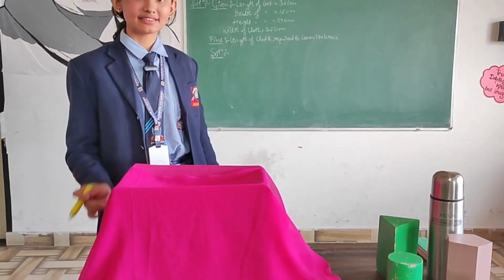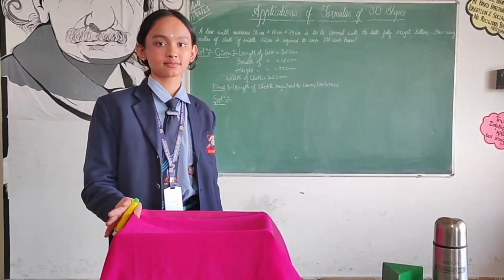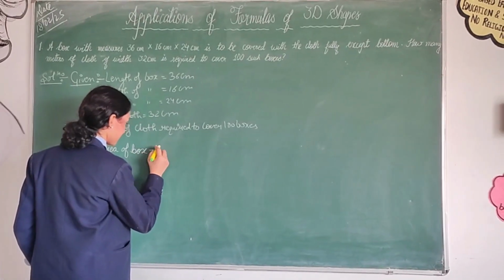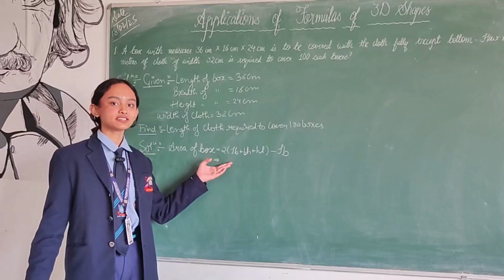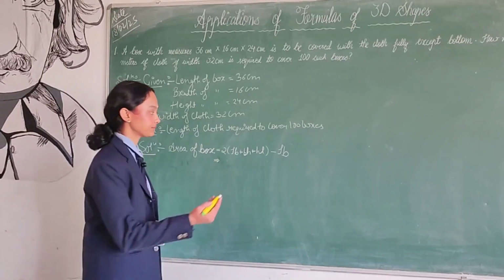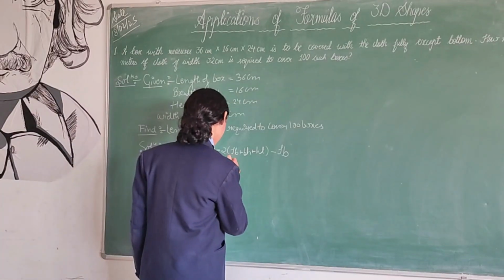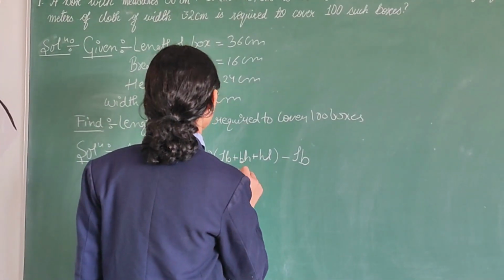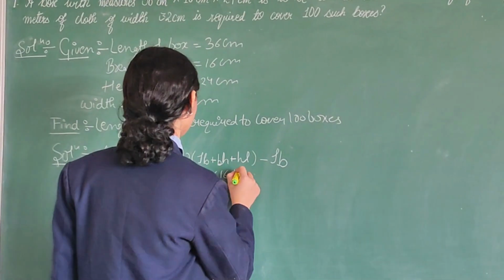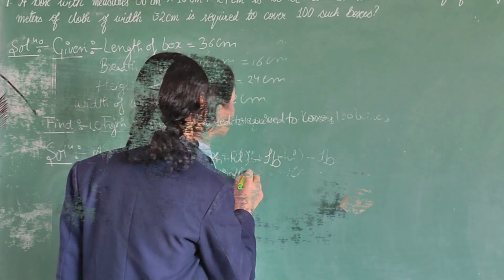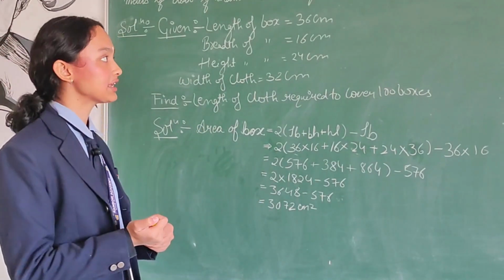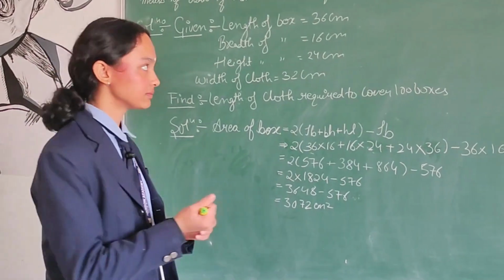So let's do the answer and find the area of box. So this is the formula and now let's put the values. This is the area of box. Now we will find the length of cloth.